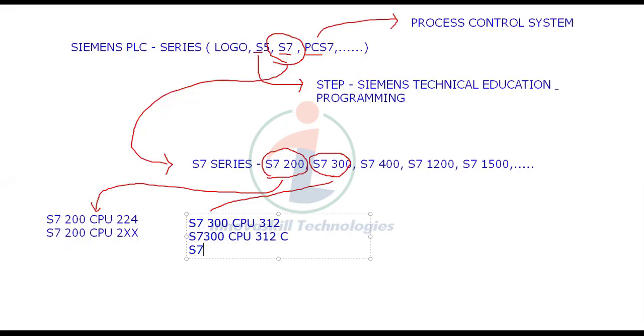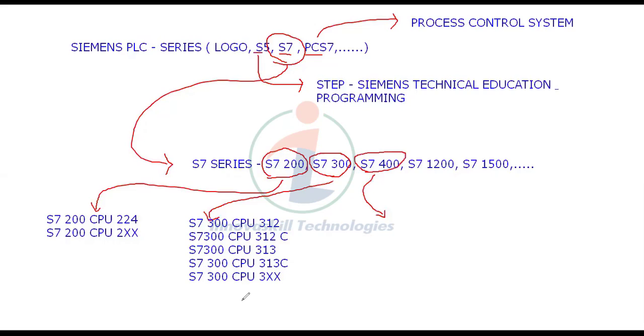Next S7 300 CPU 313, S7 300 CPU 313C. Like this, we have many models. Here also, the CPU model in S7 300 starts with 3XX.